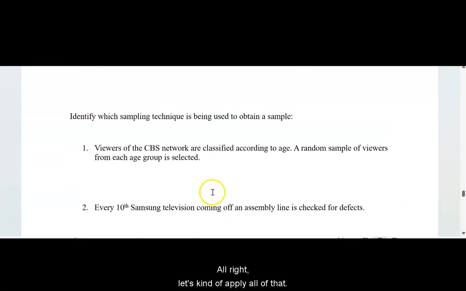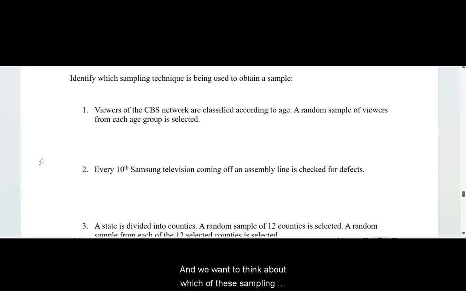All right, let's kind of apply all of that. I'm going to read each one, and we want to think about which of these sampling techniques is being used. Of the 5, number 1, viewers of the CBS network are classified according to age. And then a random sample of viewers from each age group is selected.